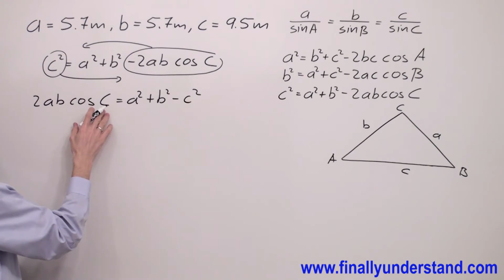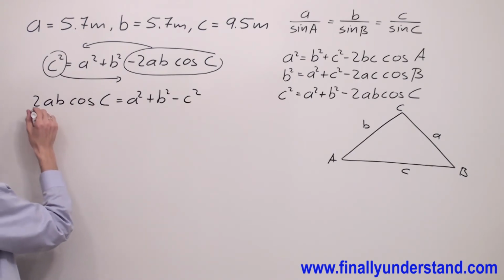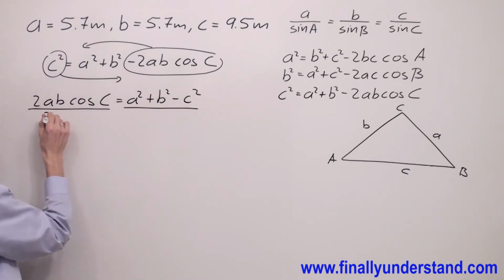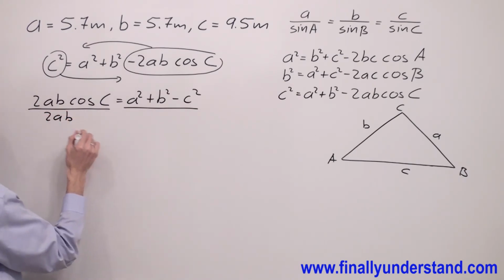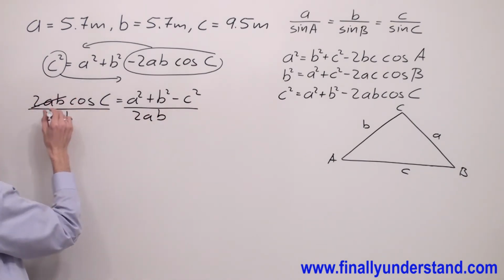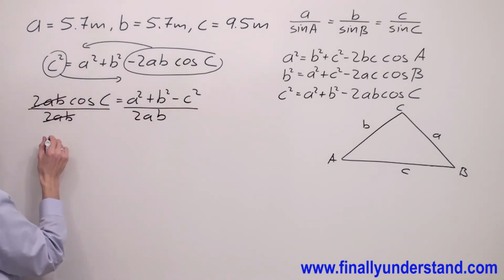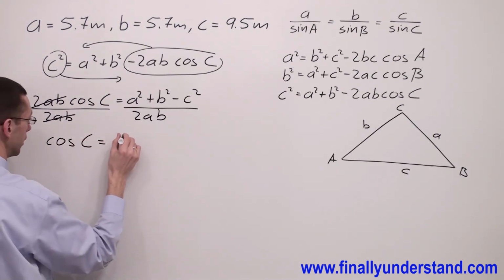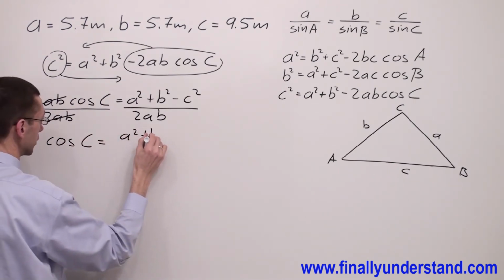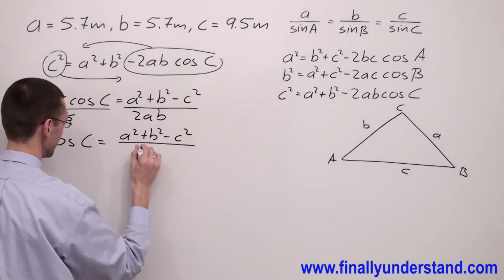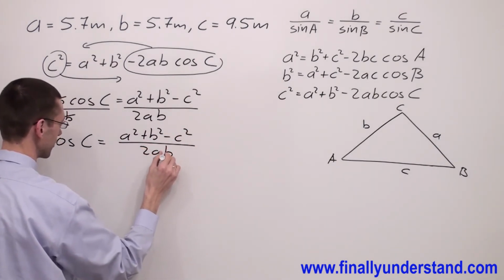I'm supposed to divide both sides by 2AB, and 2AB will cancel out, and I have cosine of angle C equals A square plus B square minus C square over 2AB.